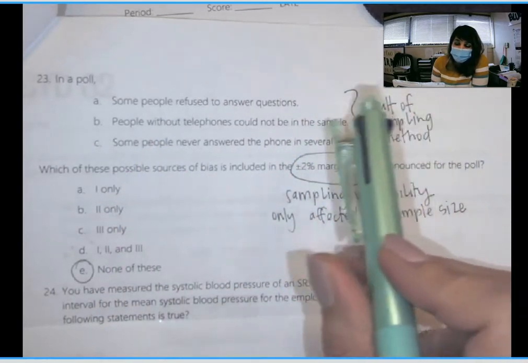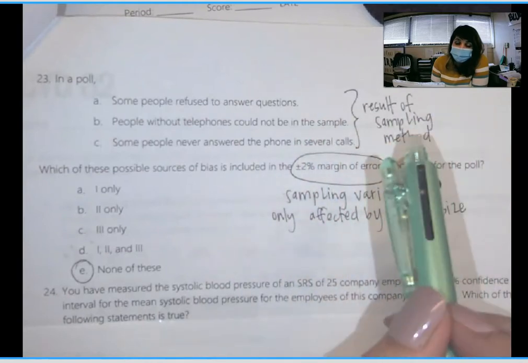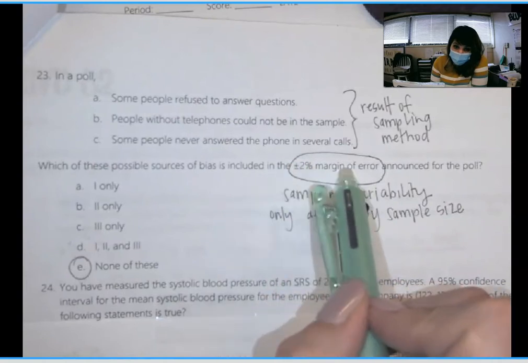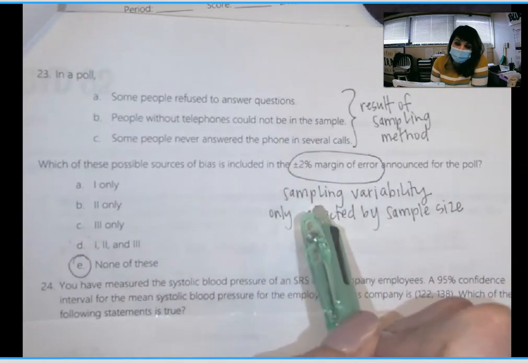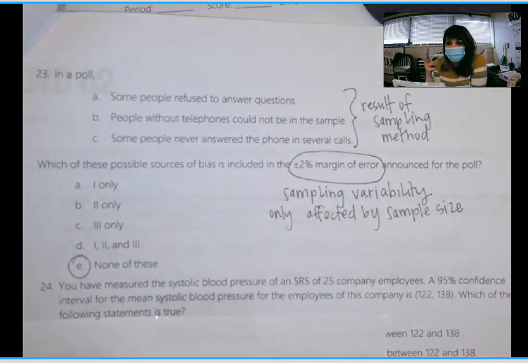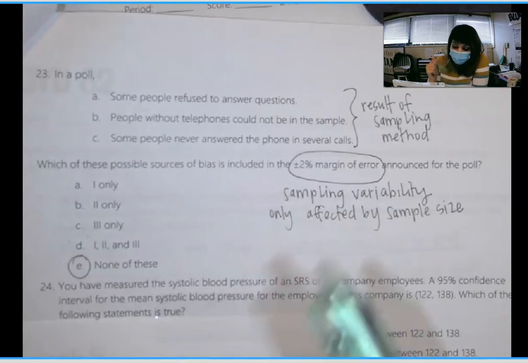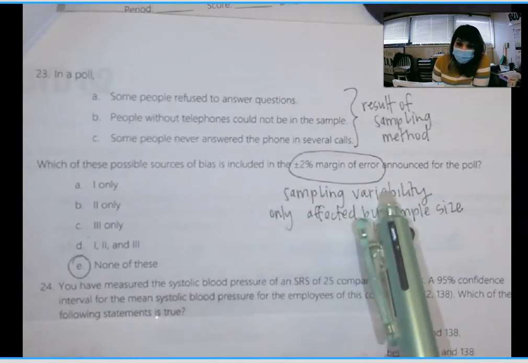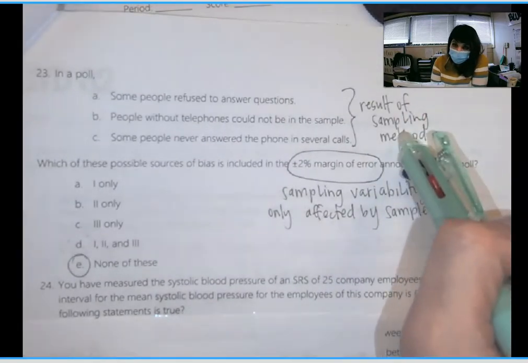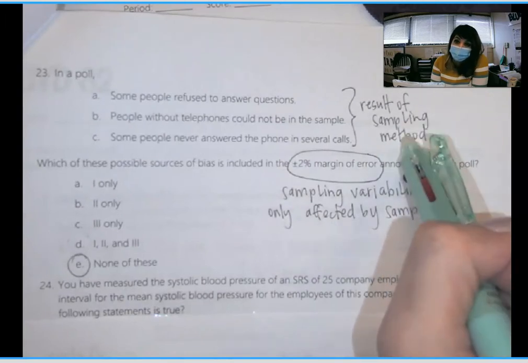These are all errors as a result of your sampling method. However, this margin of error here has to do with sampling variability. So you could have two types of errors happening with your confidence interval. One has to do with sampling variability, the fact that your samples will differ, so you have to account for that. And the other has to do with your sampling method.